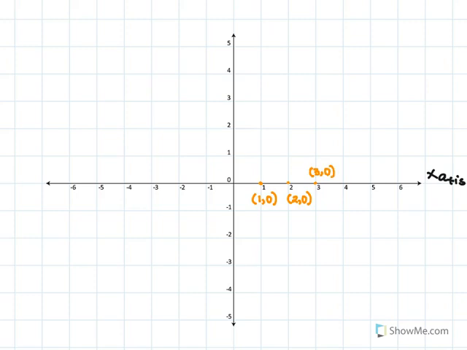Then the point 4, which will be (4, 0). Then the point 5, (5, 0). Then the point 6, and that will be (6, 0). So for the x-axis, your y is always 0.